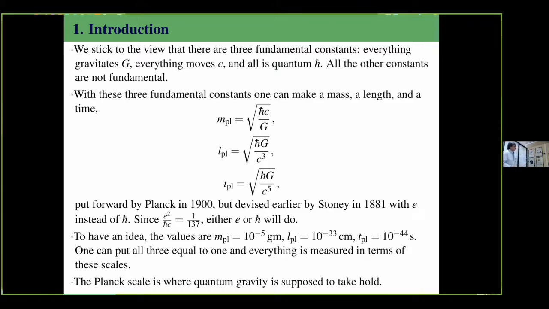So things are really big and small in the Planck case. One can put all these three units equal to 1, and everything is measured in terms of them. The Planck scale is where quantum gravity is supposed to take hold.